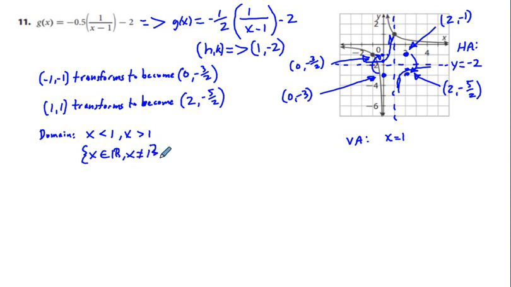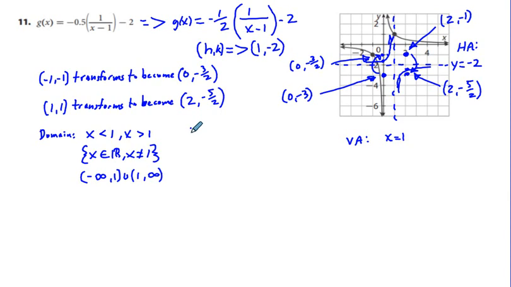And then finally, for our interval notation, we have negative infinity, comma 1, union 1, comma infinity.